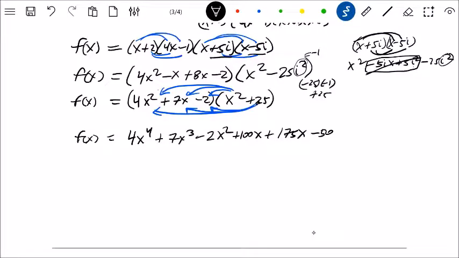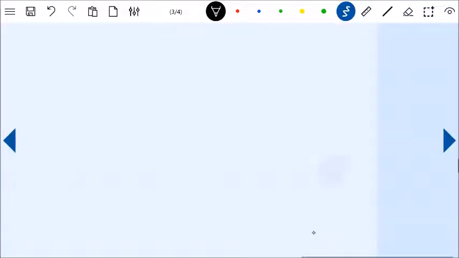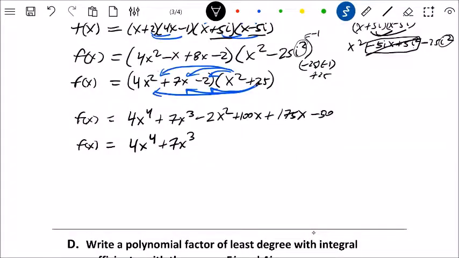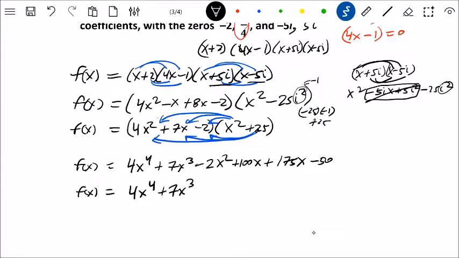Okay, so now let me put these together. Let's combine the like terms and in the order of exponent. Okay. And I just realized that 100 times 4x squared, this should have had a square on it.